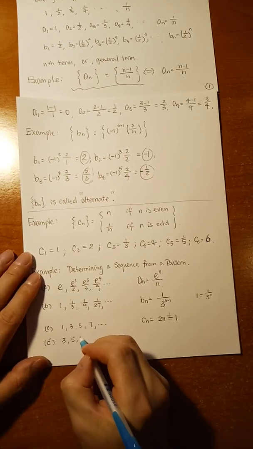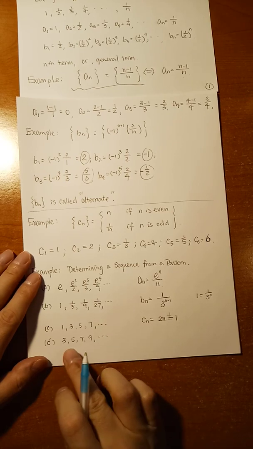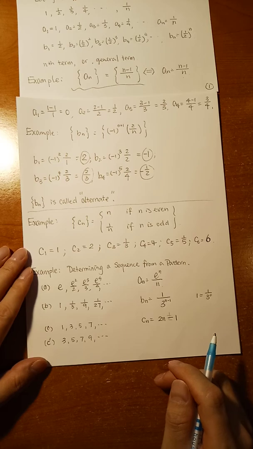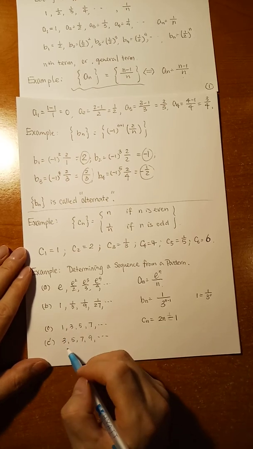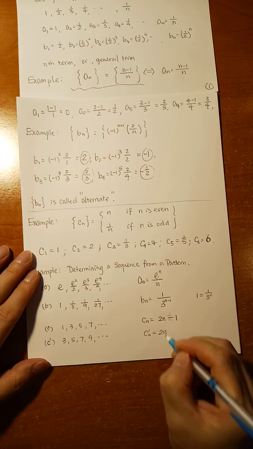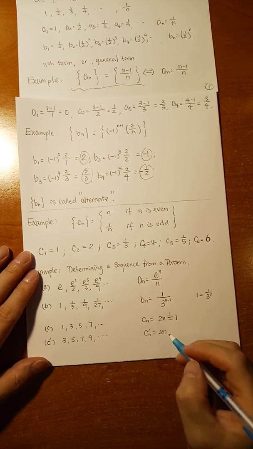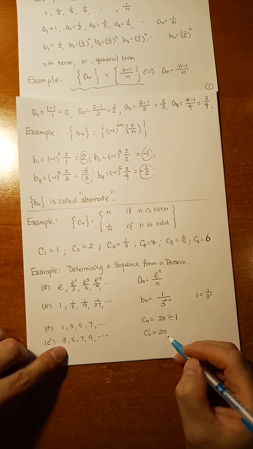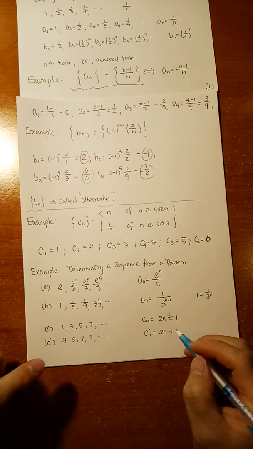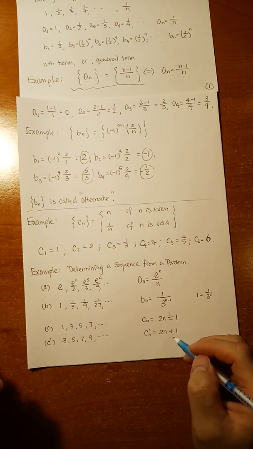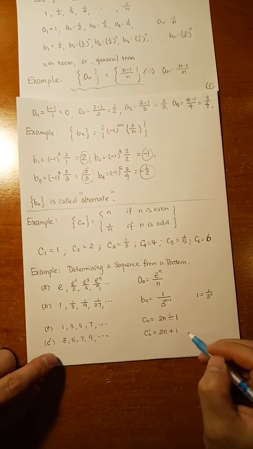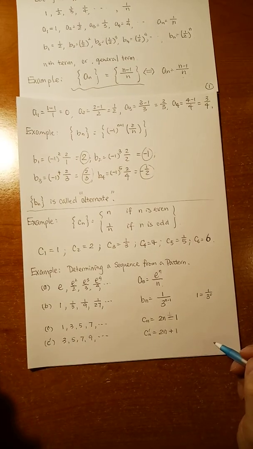C prime, if we write it this way, 3, 5, 7, 9 and so on. It's also a sequence of odd integers, but we don't start from 1, we start from 3. In this case, we have an even number, 2n. When n is 1, 2 times 1 is 2, but we need 3, so we have to add 1. This time you have to do the addition with 1, because 2 times 1 is 2, plus 1 is equal to 3. Okay?